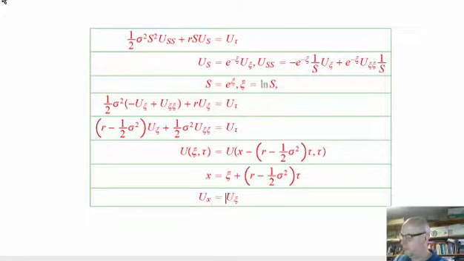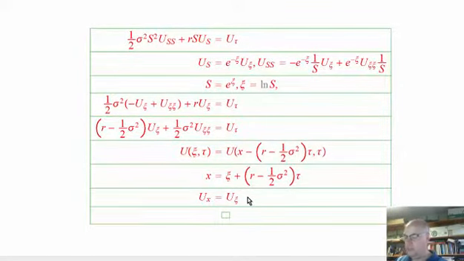So differentiating with respect to x is the same thing as differentiating with respect to squiggle. That means differentiating with respect to squiggle twice is the same thing as differentiating with respect to x twice. So the x and the squiggle, the epsilon thing, are a straight swap.